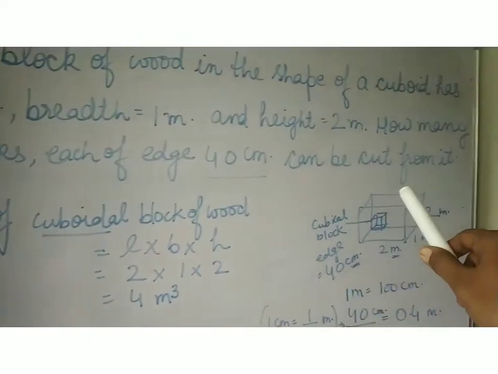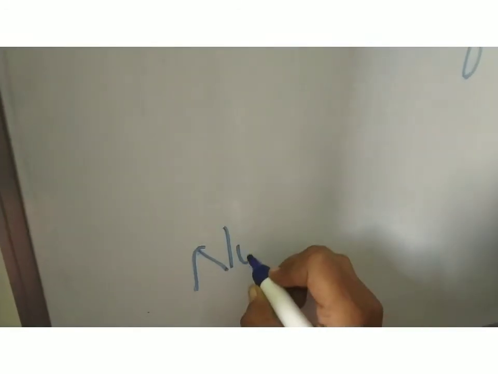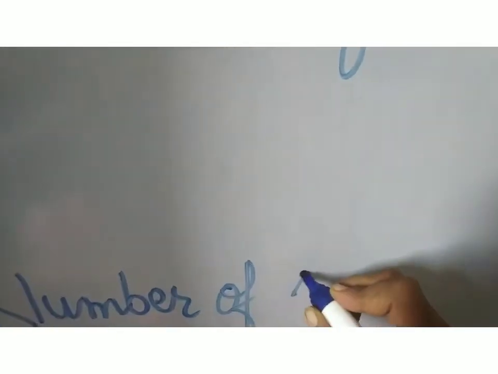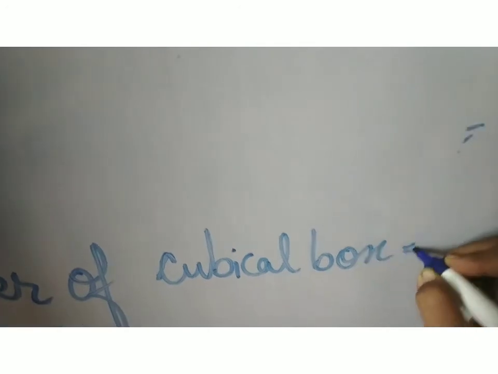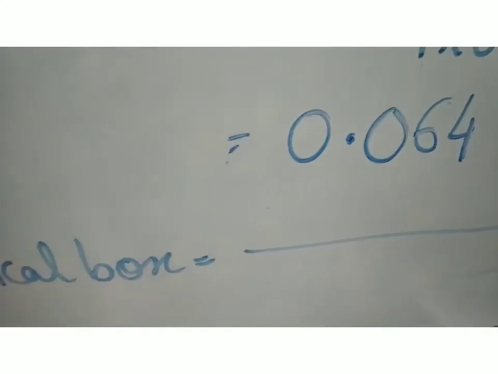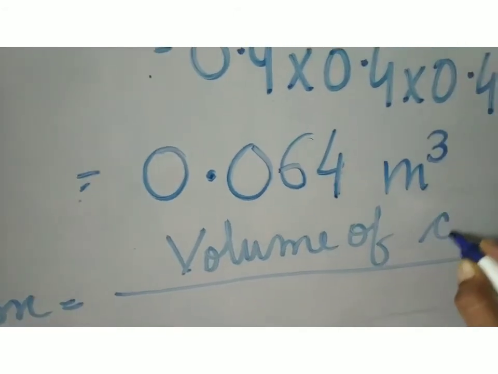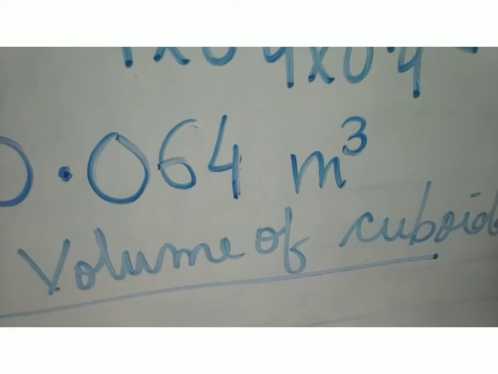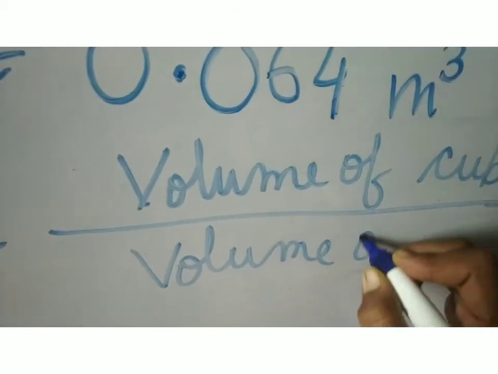Now, this is the volume of the cuboidal block and this is the volume of the cubical box. I have to find the number of blocks which I can cut from it. So to find the number of cubical boxes, I have to divide the volume of the cuboidal box by the volume of the cubical box.